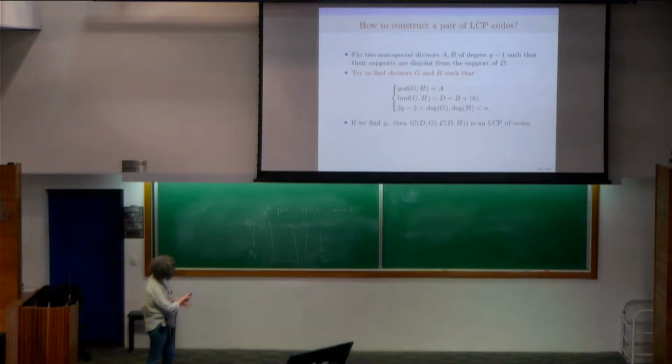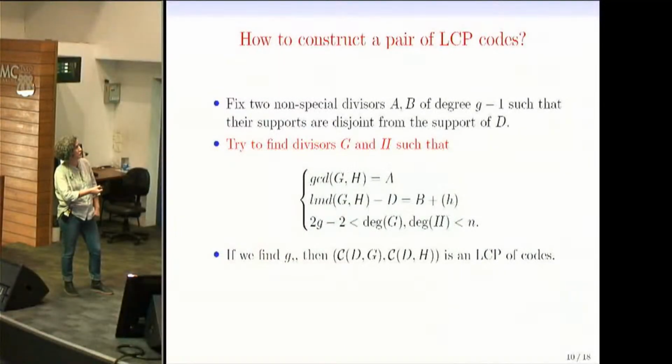But you need to find divisors G and H such that the GCD is a non-special divisor of degree g minus 1, and the LCM of G and H minus D is going to be the other one. You can add a function here because you do nothing, you still have the same degree and the same dimension. Okay? And well, this part is okay, the last part.